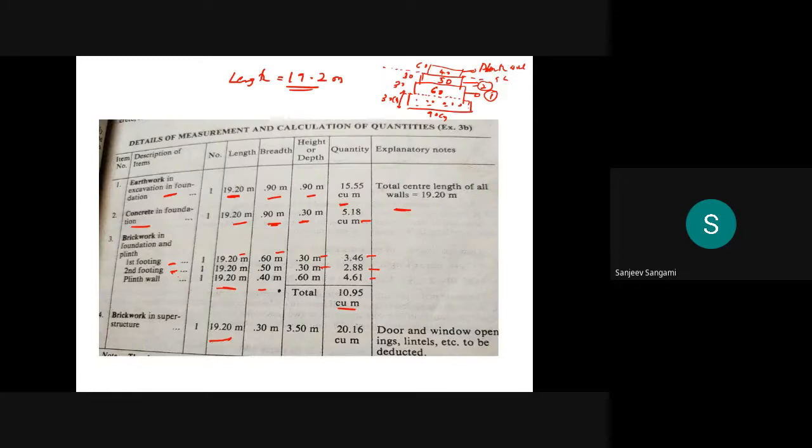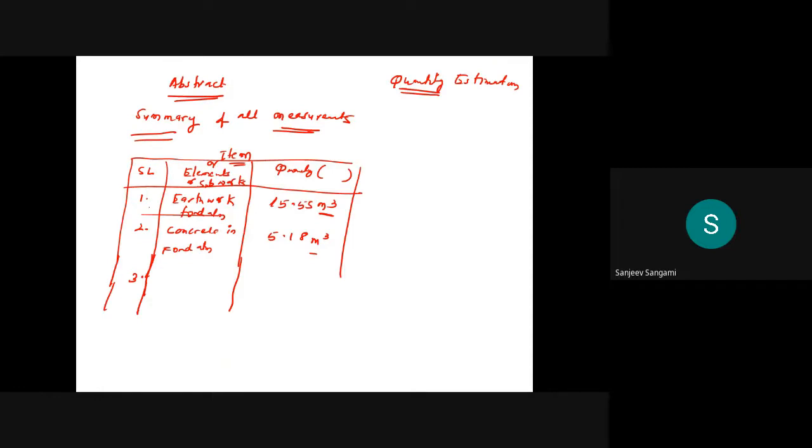So then brickwork in foundation. Then fourth one, brickwork in superstructure above plinth level. Mention it carefully.